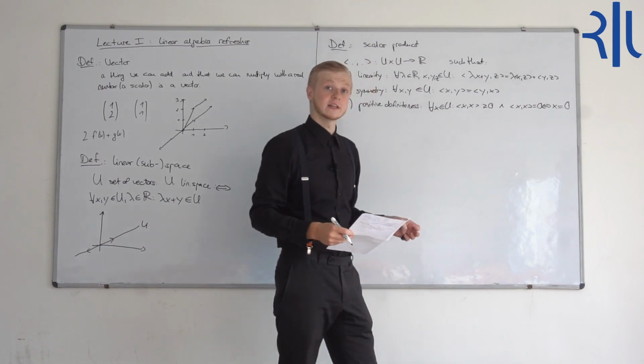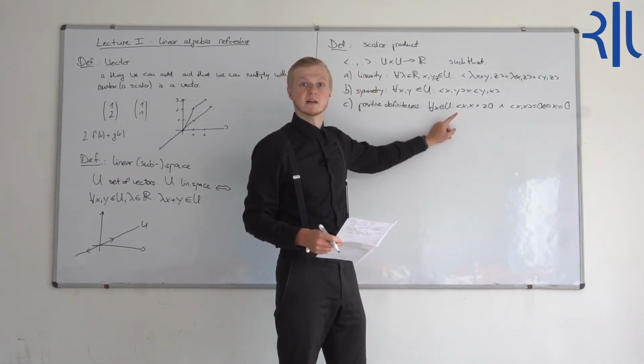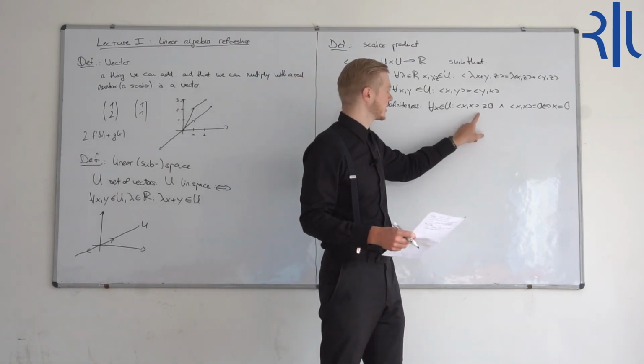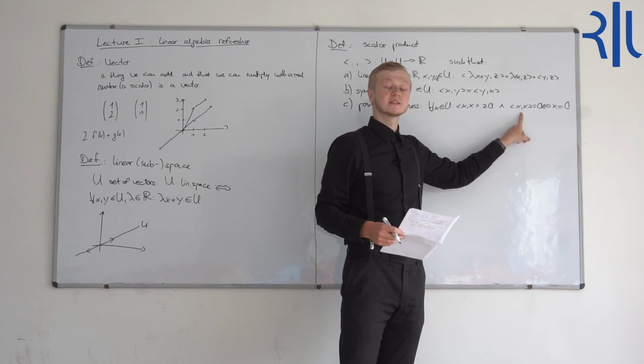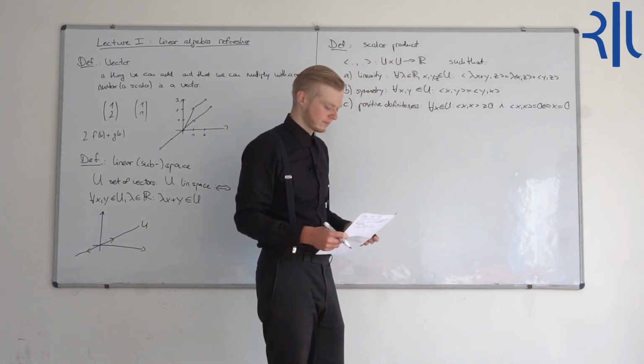And positive definiteness means that the scalar product of any vector with itself is 0 or greater than 0, so it is non-negative, and it is 0 exactly if the vector itself was already 0.